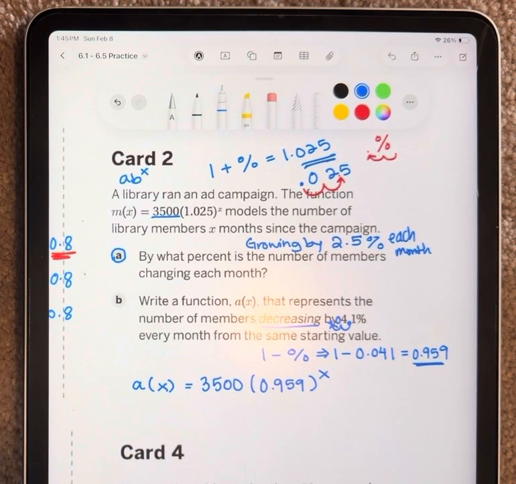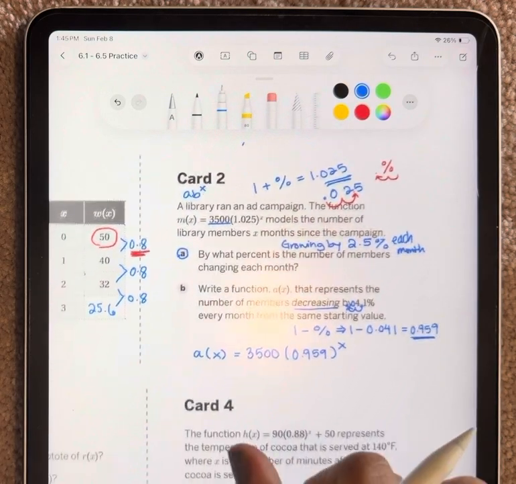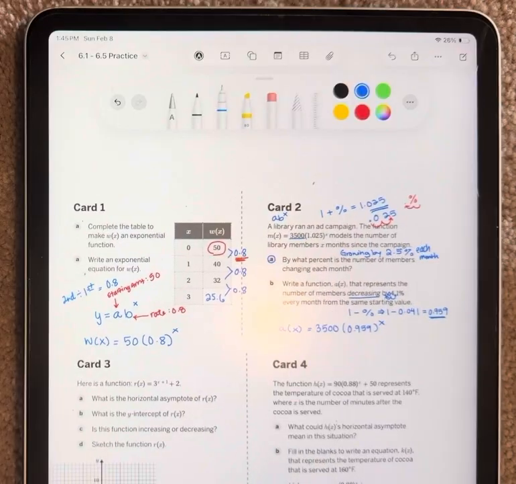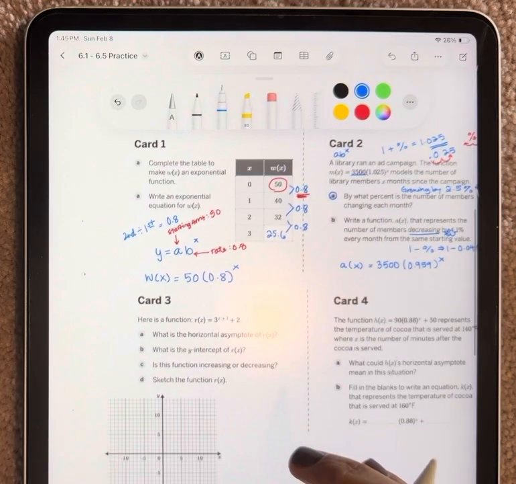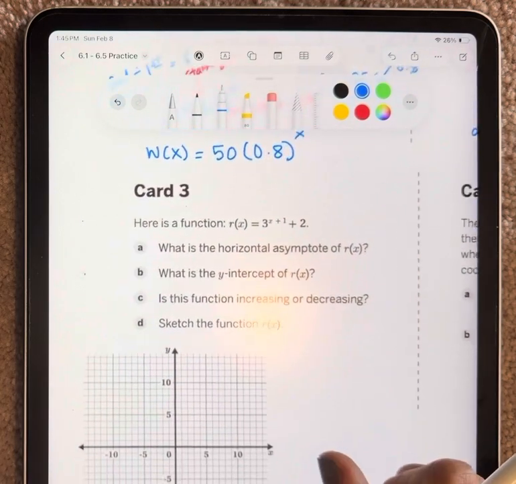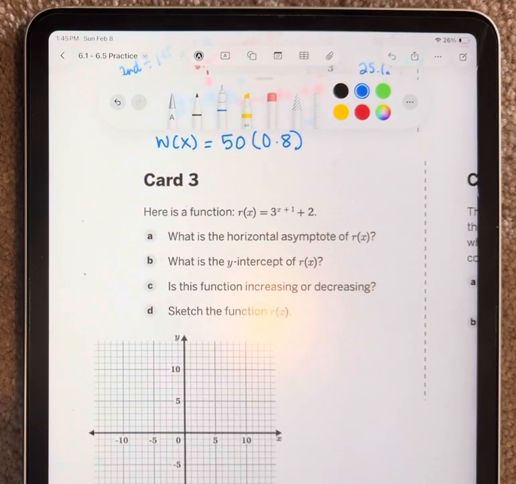Okay, yes, these equations are not so scary. They tend to be understandable, I would say. And given how calculator heavy this section is, I think it kind of takes a lot of the stress off of the calculations as well. So I know exponents look a little scary. Don't be scared of them. Okay. All right, let's look at card number 3.